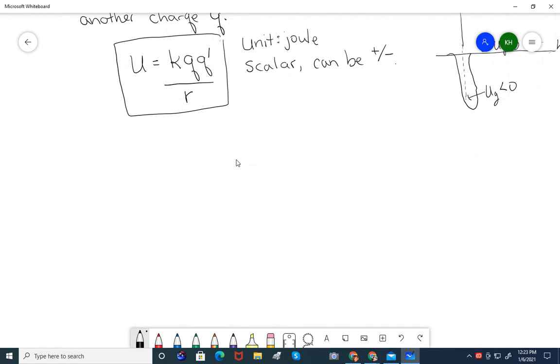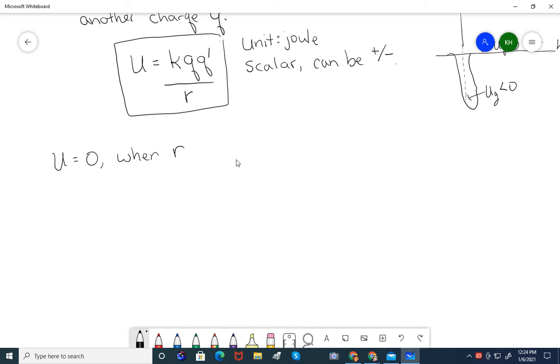Just like gravity, we have to arbitrarily decide where we want electric potential energy to be 0. Well, look at our formula. U will equal 0 when R, the distance between the points, the distance between Q and Q prime, is infinite.